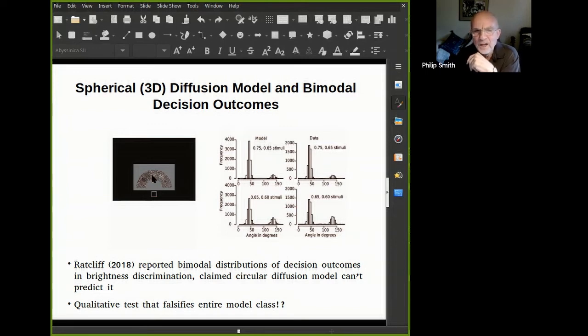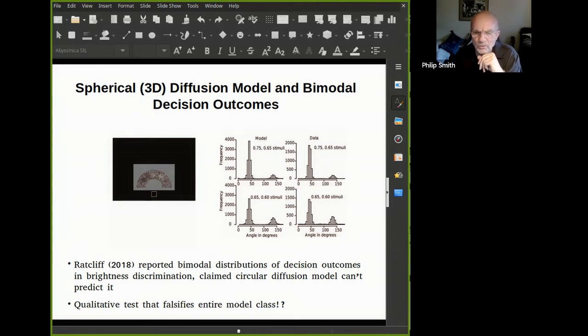And what he found is when the display contains pairs of blobs of similar brightness, then you find bimodal distributions of decision outcomes separated by an amount which depends on the spatial separation between the stimuli.